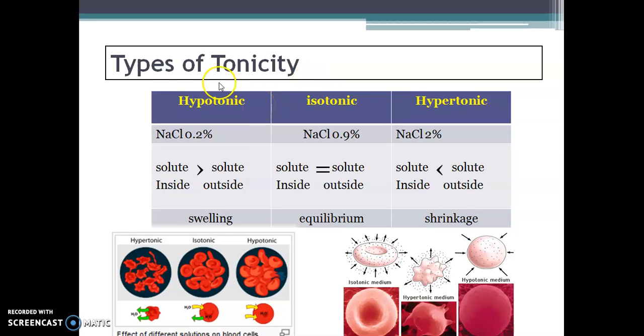Firstly, we will discuss the hypotonic solution. Hypotonic solutions are those which have an osmotic pressure lower than the physiological fluid of 0.9% sodium chloride solution.